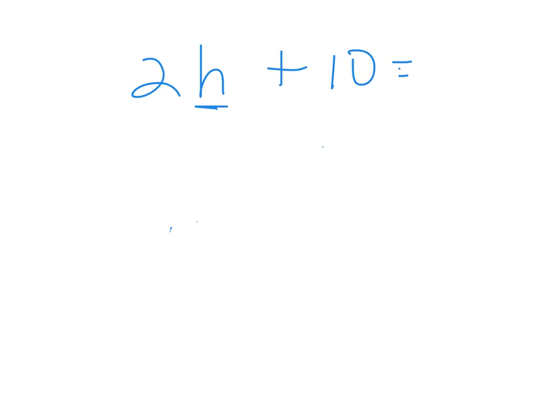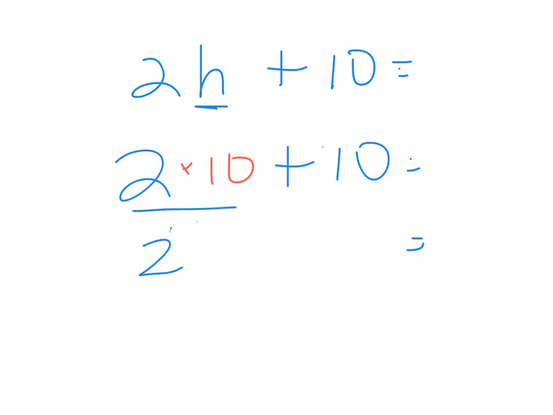Let's do this again. So 2, and the number of hikes was what? Times 10 plus 10 is equal to, and what do we get? We know that 2 times 10 is 20, plus 10 is equal to 30. So it's going to cost them $30.